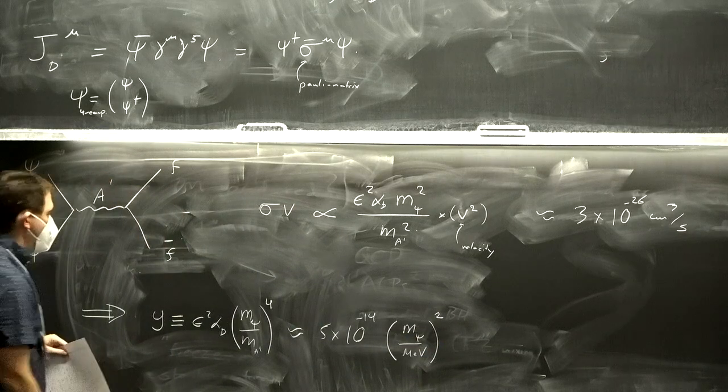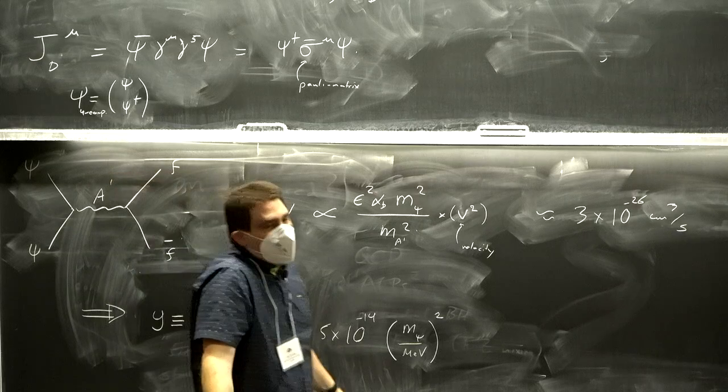Okay? So basically, when the underlying parameters satisfy this relation, you're going to get roughly the right relic density.